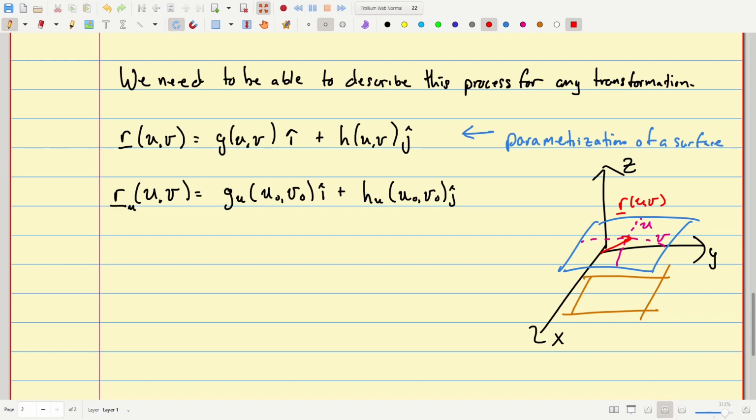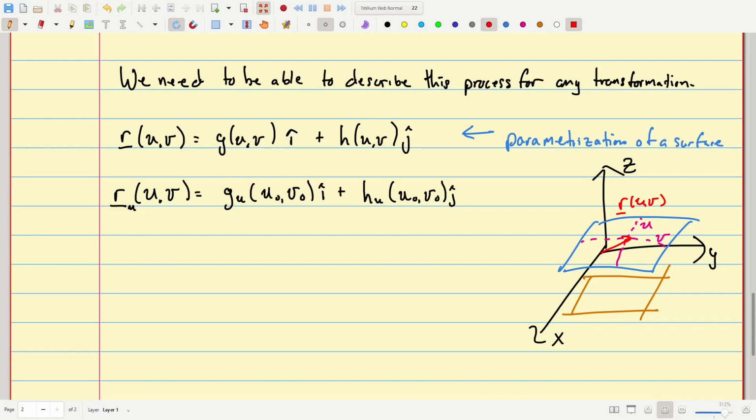So u and v are with respect to the surface most of the time. It's a coordinate system. U and v are the coordinates that we're moving in. They are not necessarily x and y. The main point is that they're not necessarily x and y.